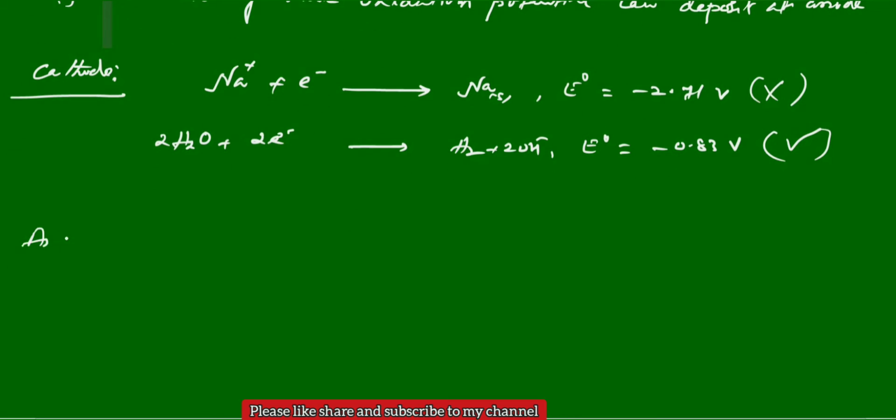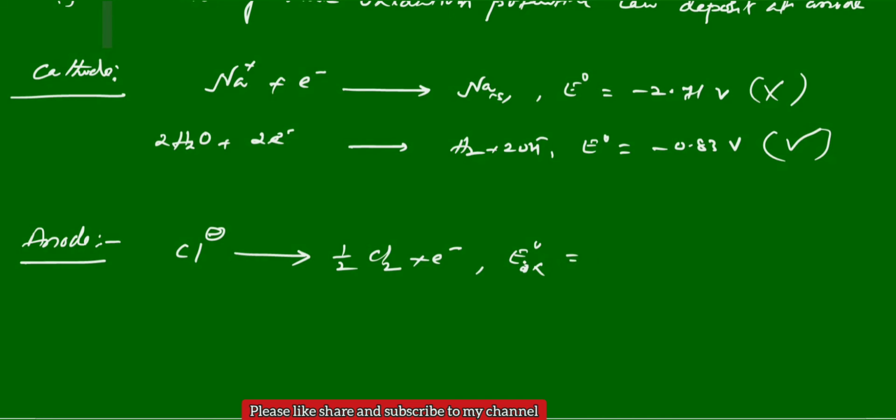What happens at anode? You have anode oxidation, so negative ions, anions, will move towards anode. Let us take chlorine. It will move towards anode and liberate electrons. And here the oxidation potential of chlorine is minus 1.36 volts.